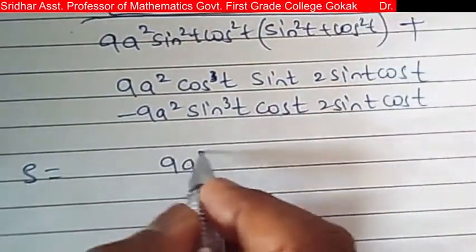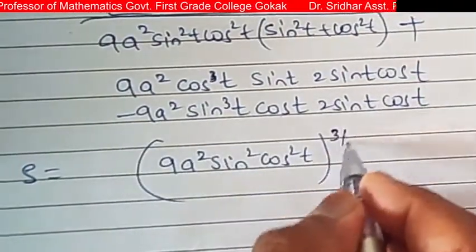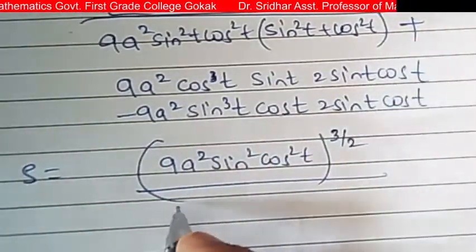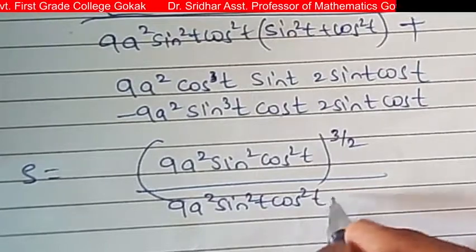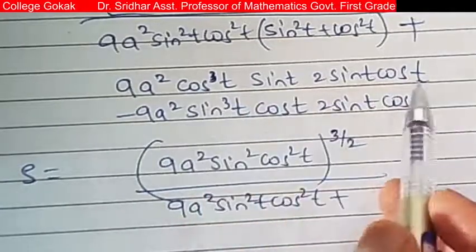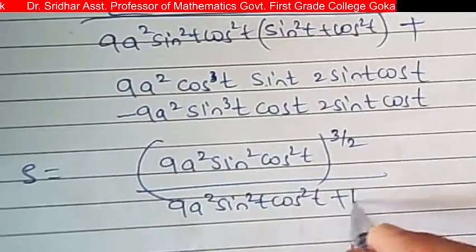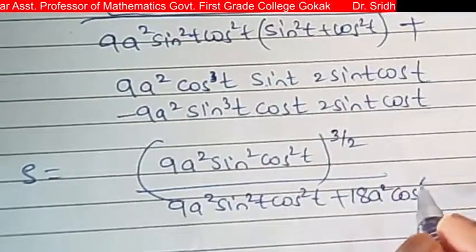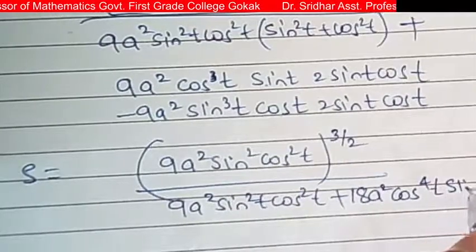so this gives 9a square sin square t cos square t whole raised to 3 by 2, divided by, again here sin square t plus cos square t is 1, so again 9a square sin square t cos square t, then plus. Now in this case cos t and cos cube t are multiplied together, and sin t also multiplied together, so 9 into 2, 18a square, then cos cube into cos t, cos raised to 4t, then sin t into sin t, sin square t.